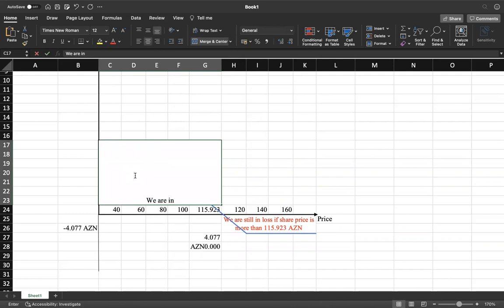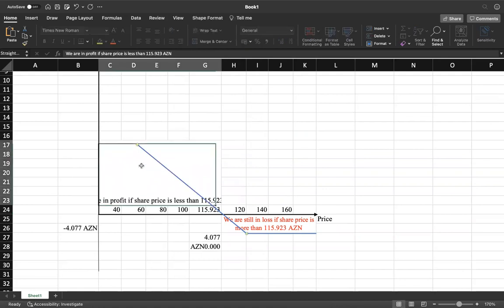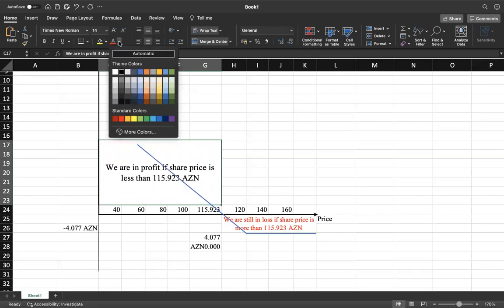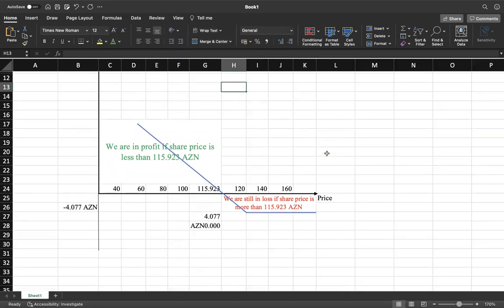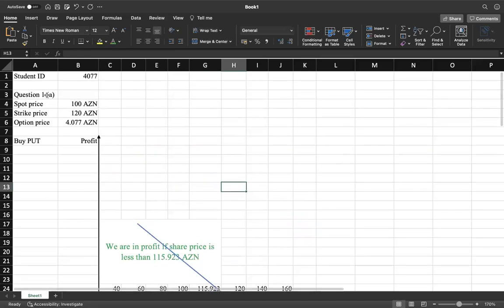We are in profit if share price, in this case, is less than 115.923 ASEAN. Let me change the color to green. So part A of the question is done.